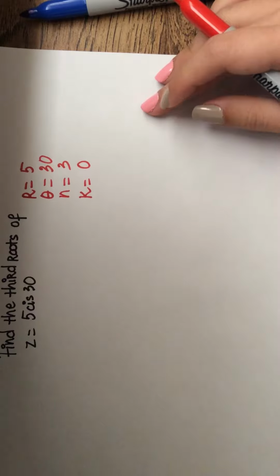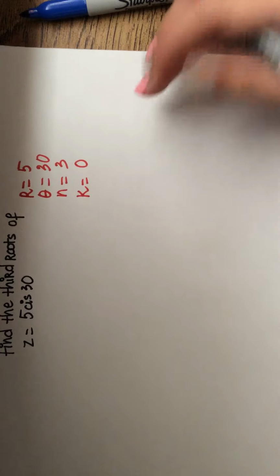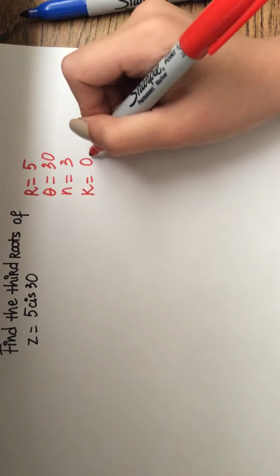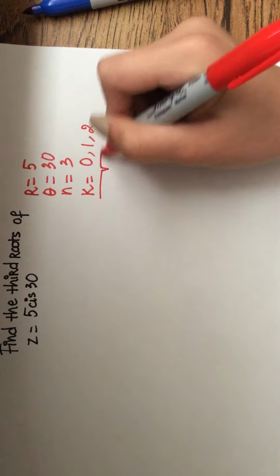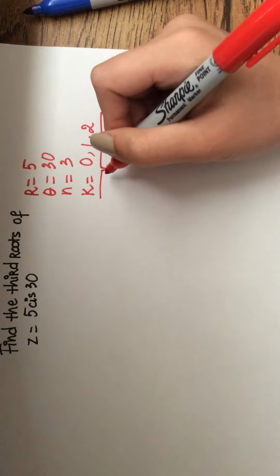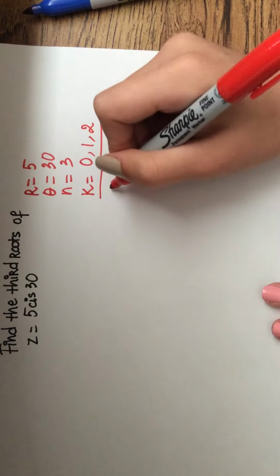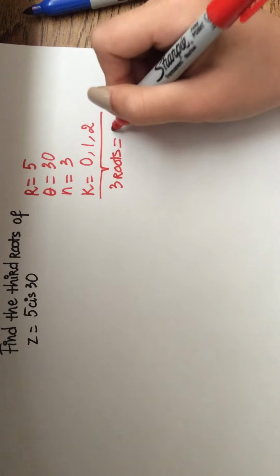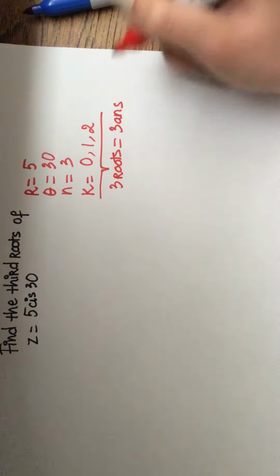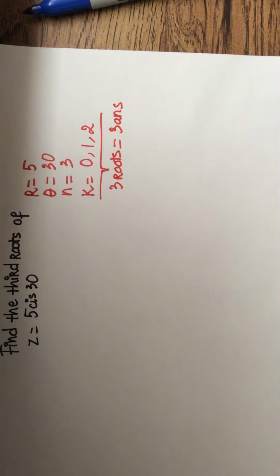So instead of starting with 1, you need to start with 0, then 1, 2. Since you're going to have third roots, so 3 roots, you will have 3 answers. Okay, so that's your data.